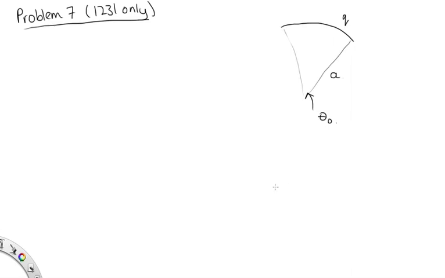So the arc length is equal to a theta naught, and so the charge density lambda is equal to the charge over the length, so Q over a theta naught.